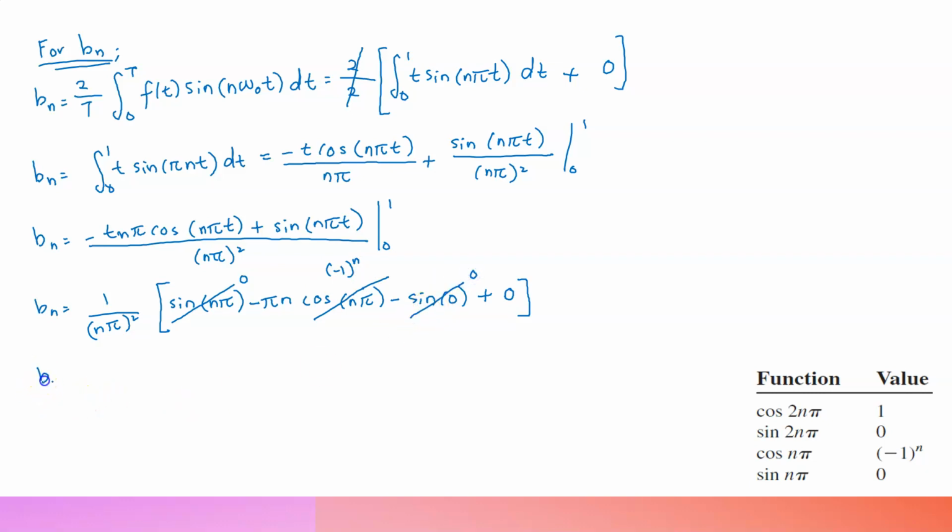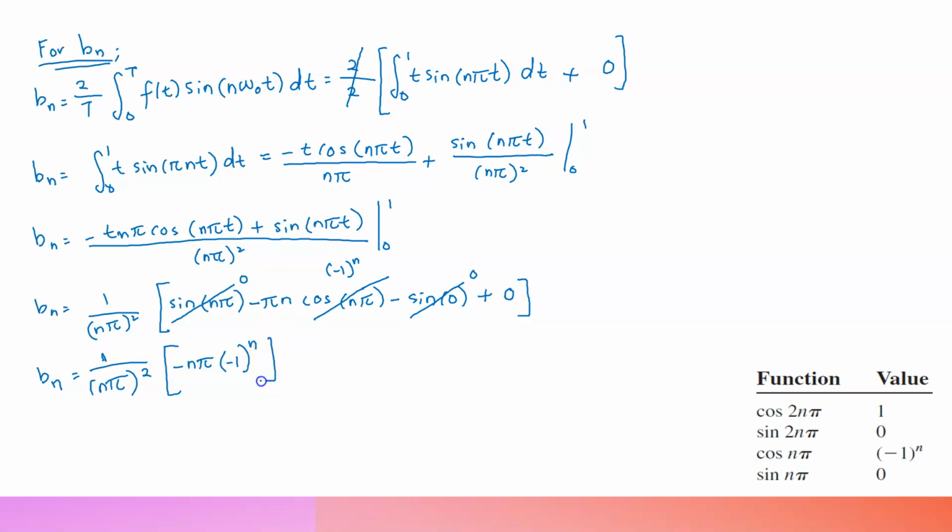So you are left with Bn equals 1 over n pi square times minus n pi multiplied by minus 1 to the power of n.